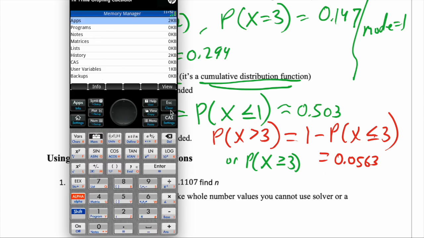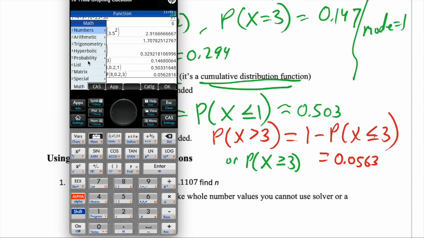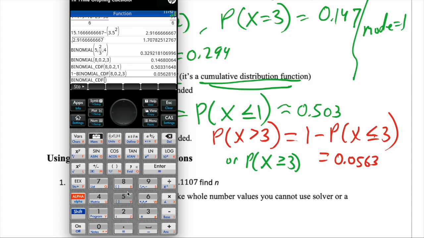Okay, but I think on the HP Prime you can also do it this way. Let's see if it works. Probability, cumulative, binomial. I should just copy and paste, I keep typing the same things each time. You can do 3, comma 8, so that goes from 3 to 8. So this works out probability x is greater or equal to 3.